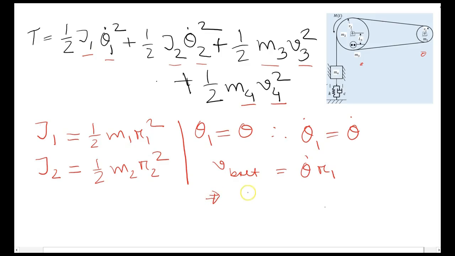The same kind of expression we can write for the bigger pulley, which is theta 2 dot times R2, and this is equal to theta dot times R1. So from this equation we can write theta 2 as the ratio of these two pulleys times theta 1.